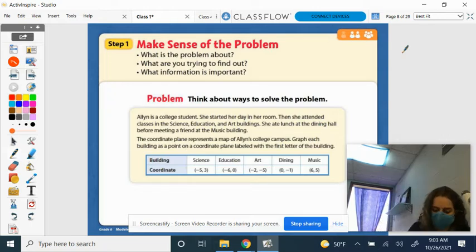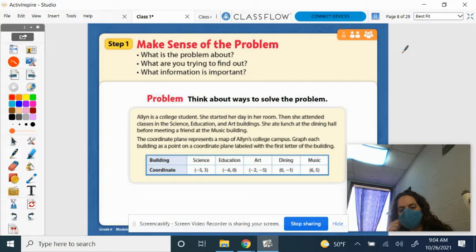Okay, so yesterday we started talking about a coordinate plane and all the different things about it, and we came up with the coordinates of points that were already on there. Today we're going to take the coordinates and actually put them on the graph. Our problem today says Alan is a college student.